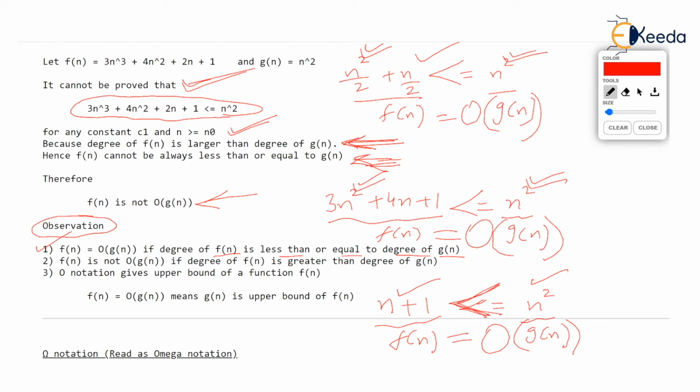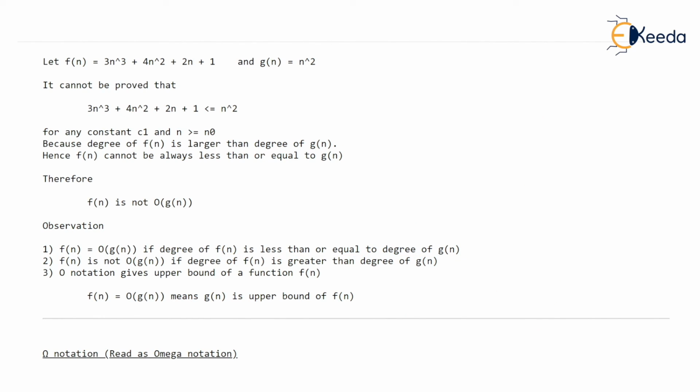So is n plus 1 less than or equal to n cube? Yes, of course. Is n plus 1 less than or equal to n raised to 6? Definitely. So what's the first observation? The first point is Fn is definitely O of Gn if degree of Fn is less than or equal to degree of Gn.